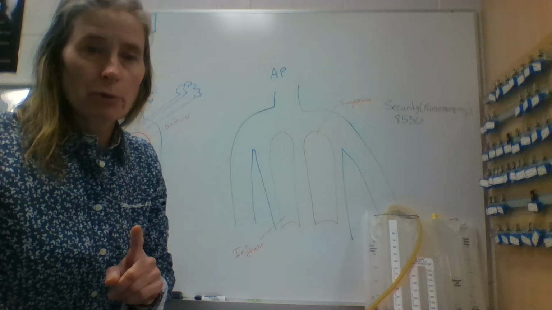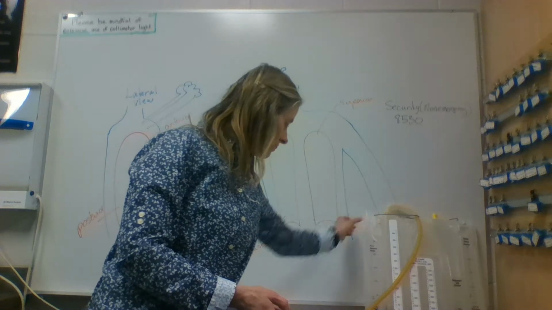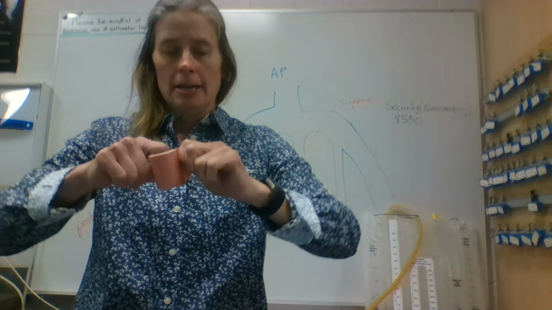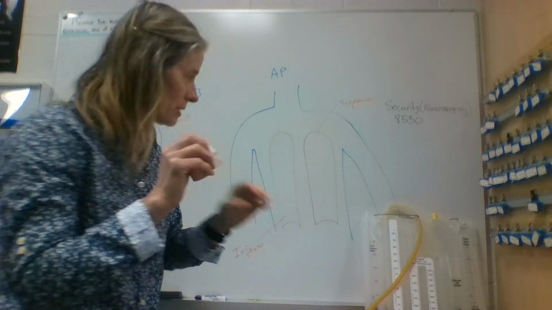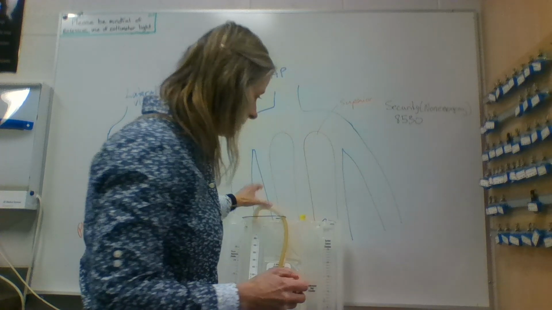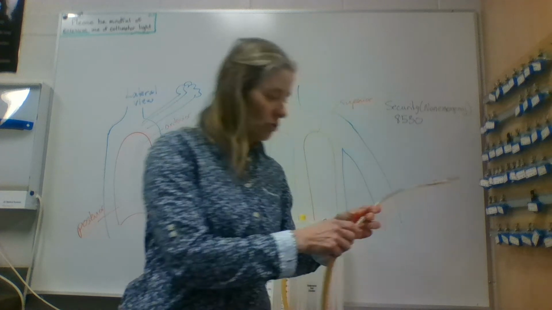One more thing I just want to point out is when you see tape that is sort of a flesh color, this is a waterproof tape. It's really adhesive, and this is what's going to be used to connect the end of the chest tube drainage system with the chest tube itself.